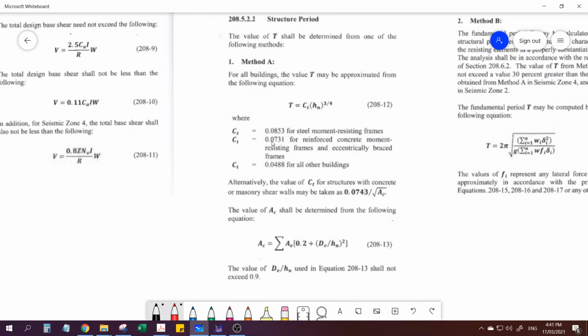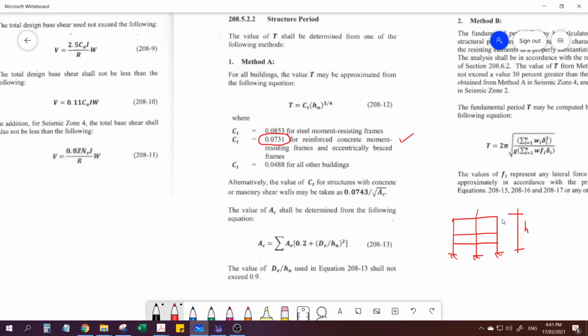So Ct is 0.0731 for RC moment frame. Okay? And height is the height of the building. So just find this height. And raised to 3/4, you will now be able to find period.